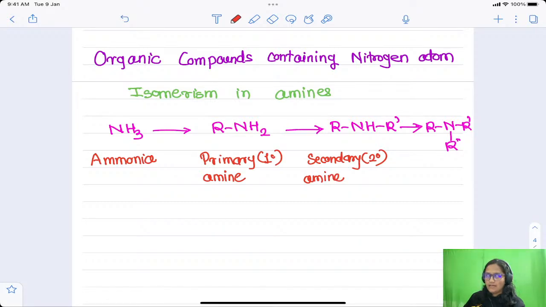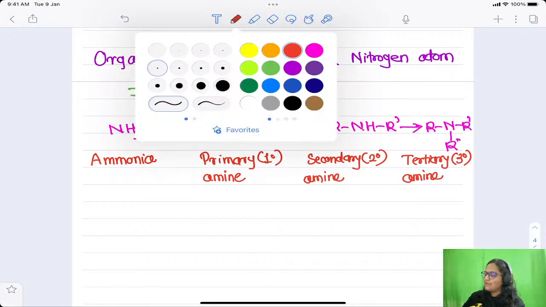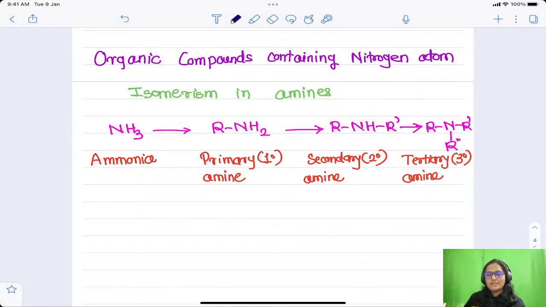And when 3 R groups are present, all the hydrogens are replaced, and this is a tertiary or 3 degree amine. In all these amines as well as ammonia, the nitrogen is attached to 3 lines. Therefore, there is one lone pair of electrons on nitrogen in all amines as well as the ammonia molecule.